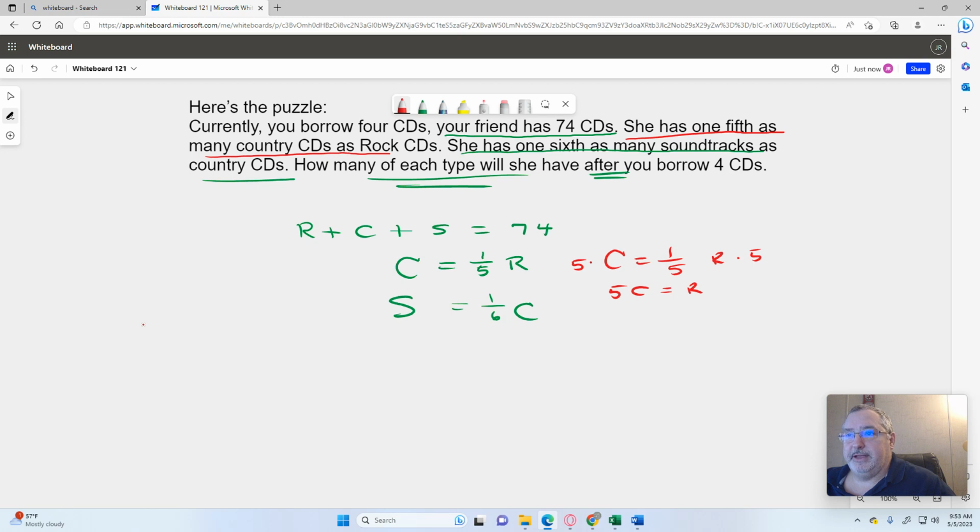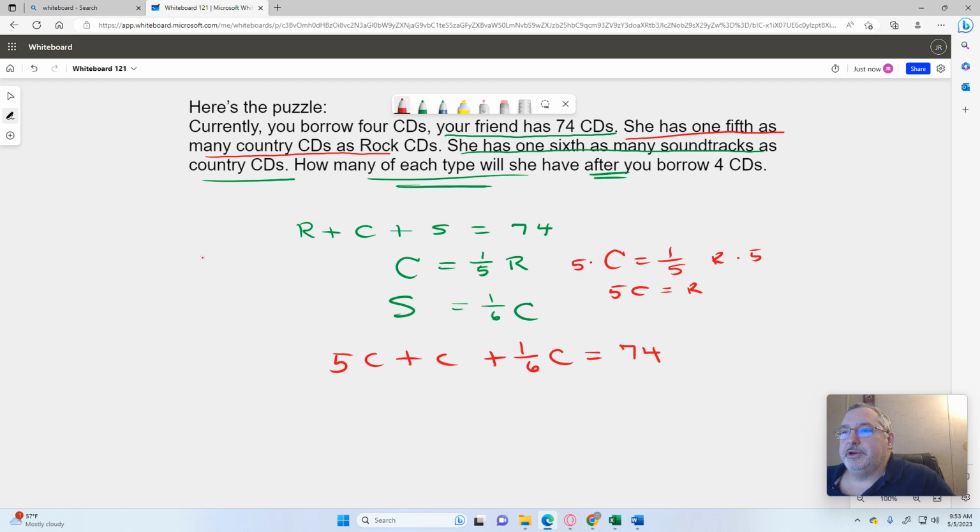We're going to take that 5C plus C plus, replacing S with 1/6C, and that's going to equal 74. So now I have one variable, so I can find C. Once I find C, I can figure out the rest.